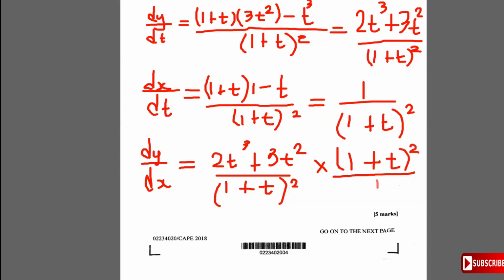After we do that, we observe that (1 plus t) squared cancels with (1 plus t) squared. And so dy/dx is just 2t cubed plus 3t squared.